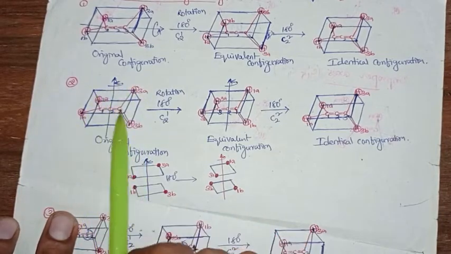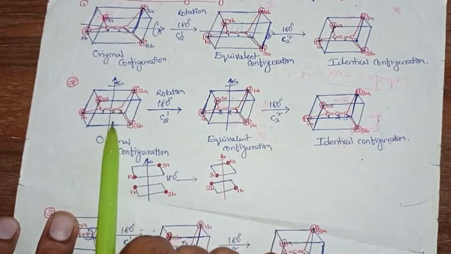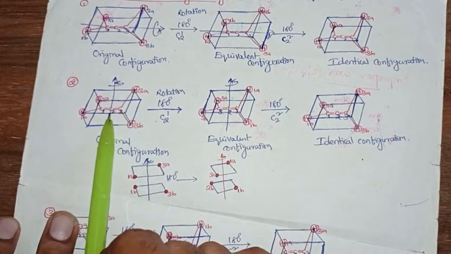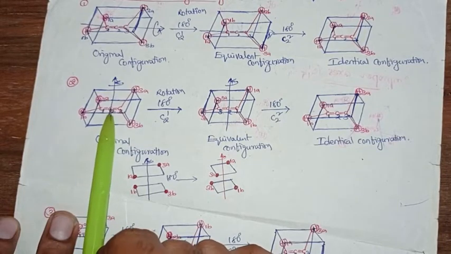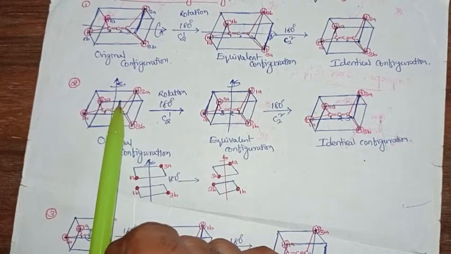With this, when we rotate, what happens? As it passes vertically, it passes through only carbon 2.